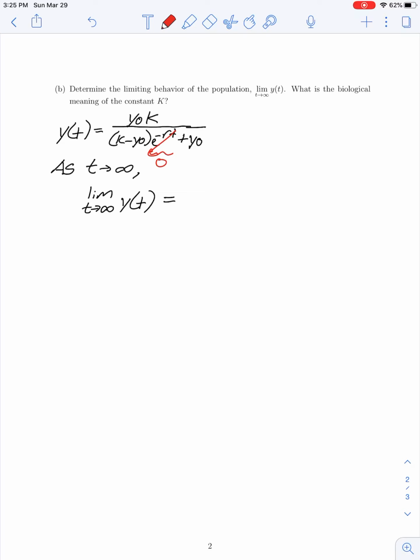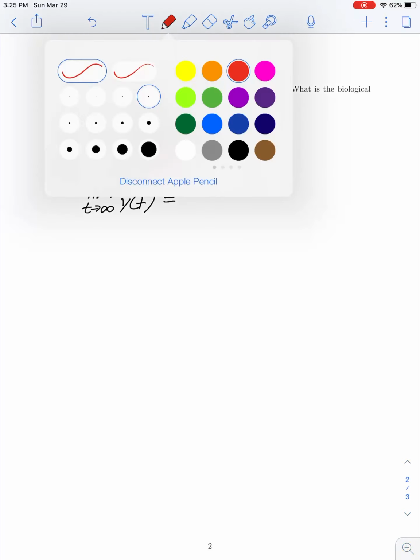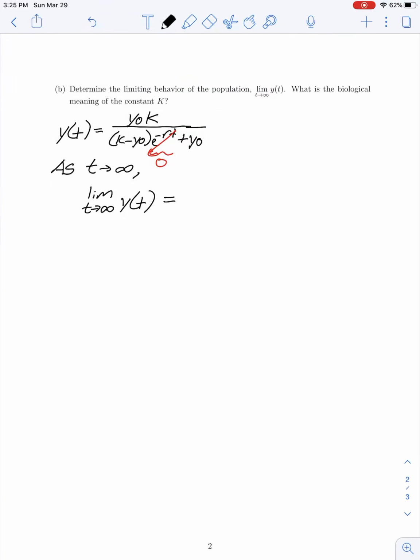And since r is a positive constant, we have e to the negative rt power will decay to 0 as t becomes large. So what we're left with is a numerator of y naught times k divided by y naught. So our y naught terms can be canceled, and we're left with k as the limiting value of our population size y of t.